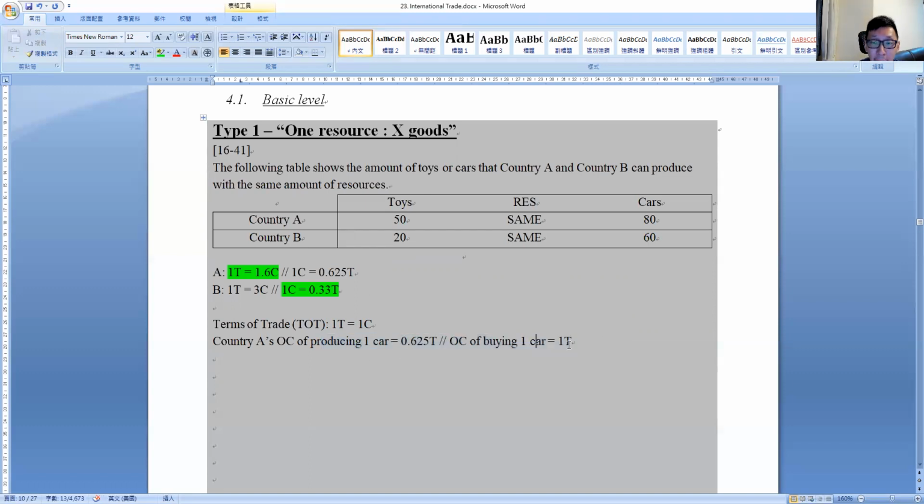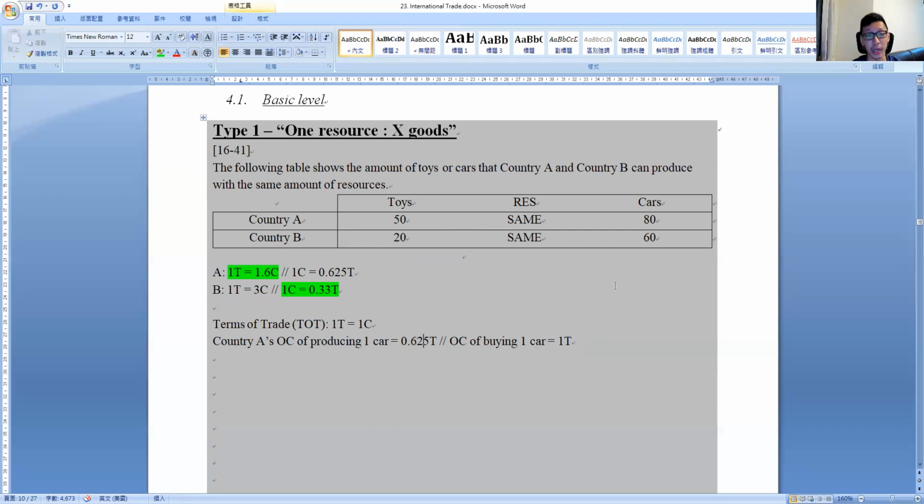By buying the car, you are actually paying more. You are actually at a loss. You give up more toys than the 0.625 locally.